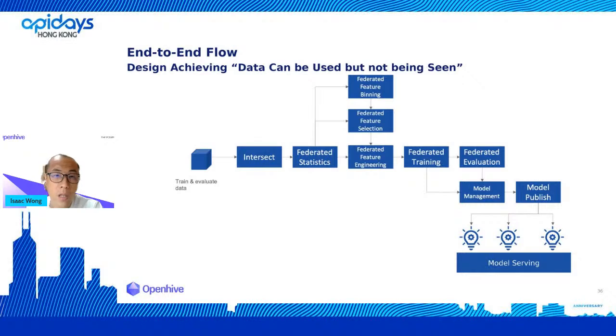The OpenHive federated learning solution itself is an end-to-end federated learning solution. It takes care not only of the very beginning, data ingestion, but also the model building, and the model serving as well.